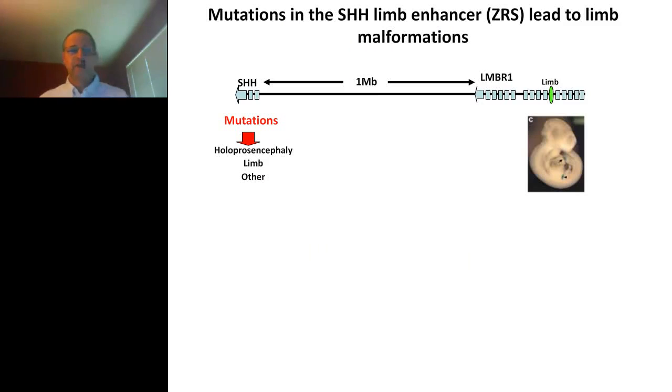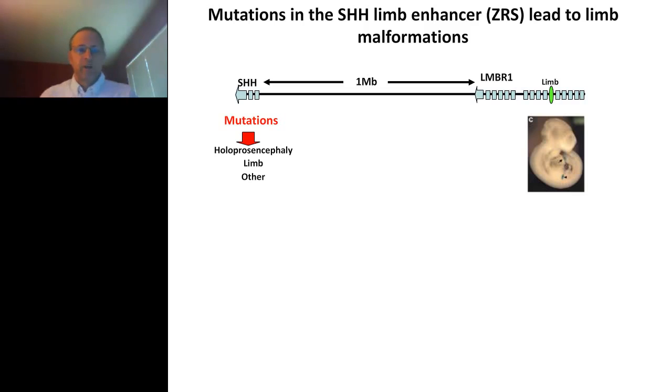And just to illustrate how big of a problem this is, I thought I'd show an example of probably the most common example of an enhancer that actually leads to a human phenotype, in this case limb malformations, and just how little we know about how mutations in this enhancer actually lead to human disease.